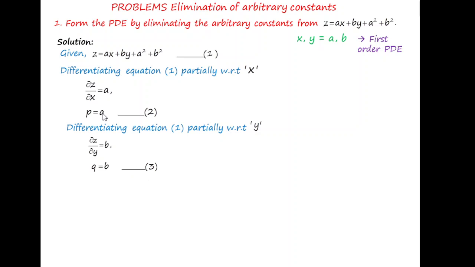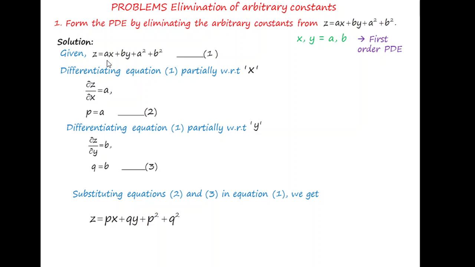So just substitute 2 and 3 in equation 1 and the constants will be eliminated. So you have z equals, instead of a, we replace with p, so px plus, and b is replaced by q, so qy plus p squared plus q squared, which is our required partial differential equation.